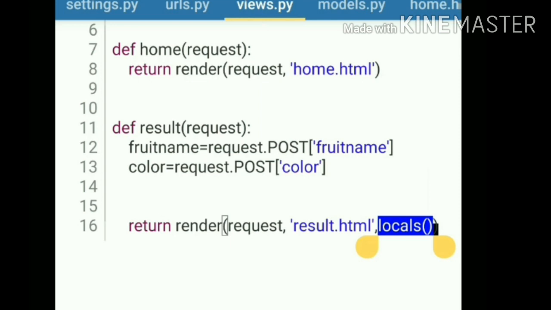But there is a problem with this function, that is it will create a dictionary of all the local variables, including the request object, because we are using the request object here. And the second is it will increase the runtime. So these are some disadvantages of the locals function. If you don't want these, you can manually create your dictionary.